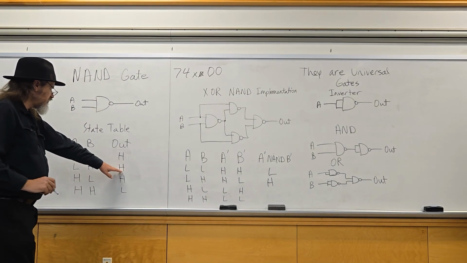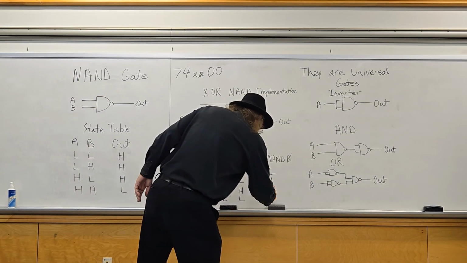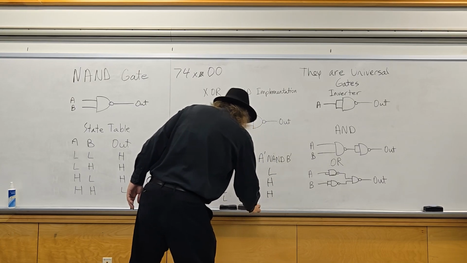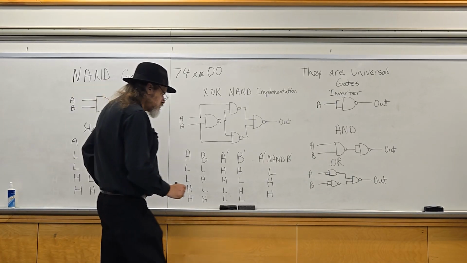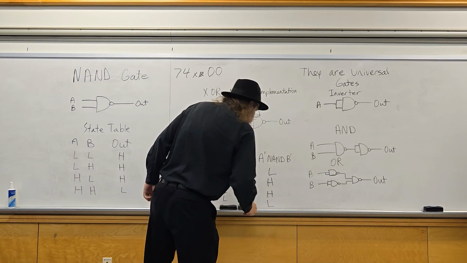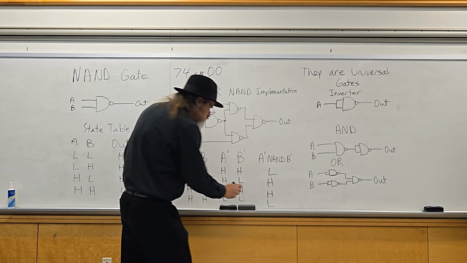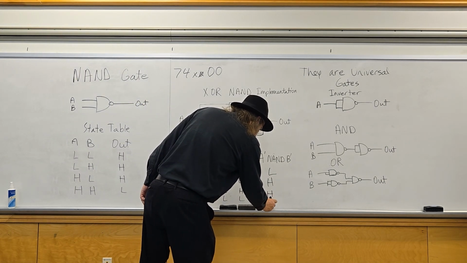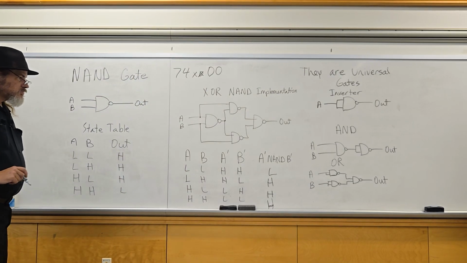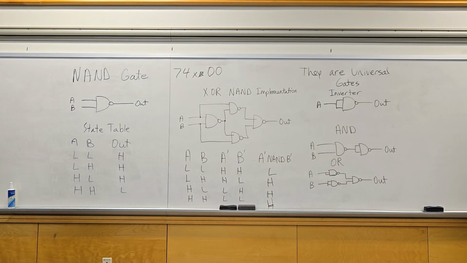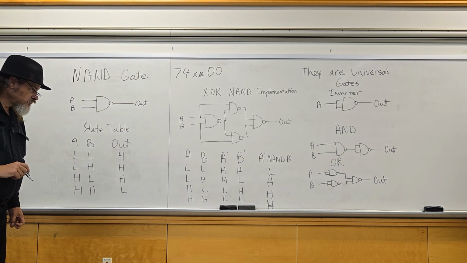Low, high gives you high. And low, low gives you high. So the result is the equivalent of an OR gate. Got it? All right.